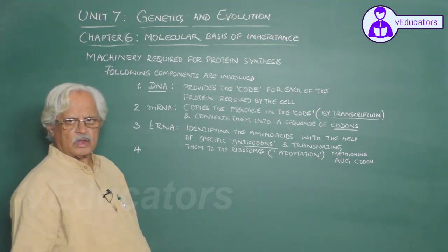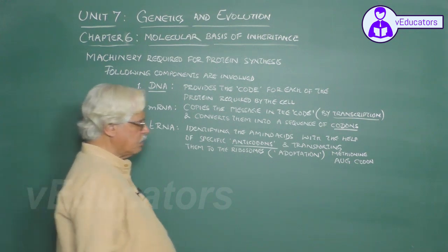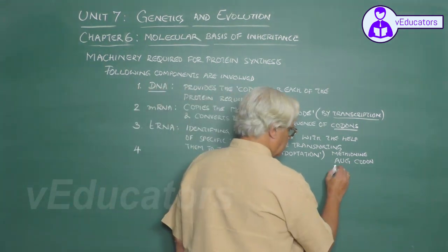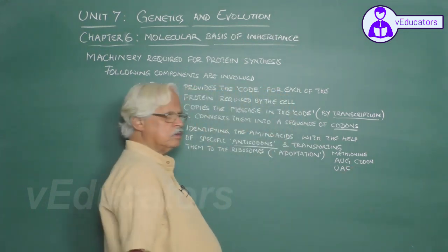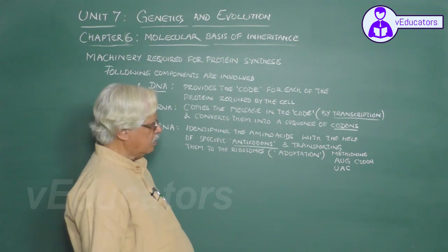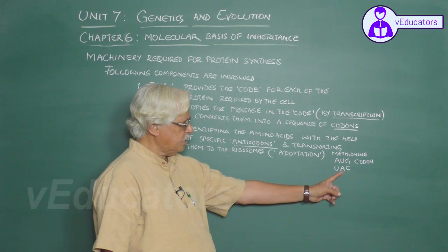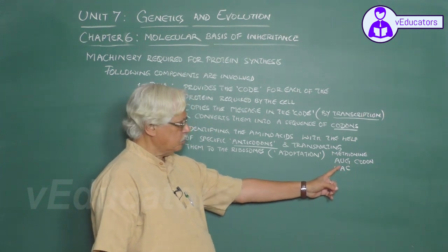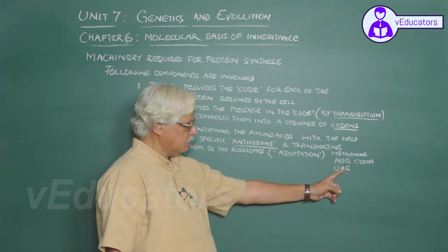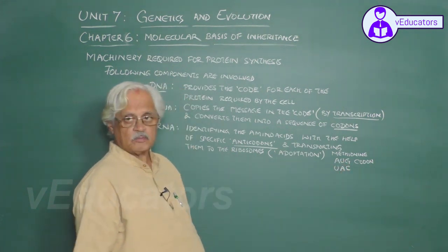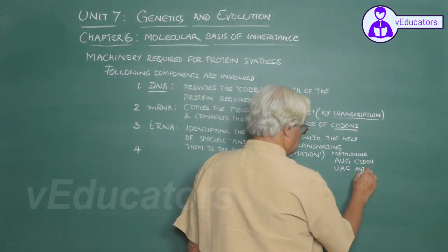This methionine molecule can be identified and picked up only by that tRNA molecule which has a complementary arrangement of bases in its anticodon: U, A, C. A for U, U for A, C for G. This is called anticodon.